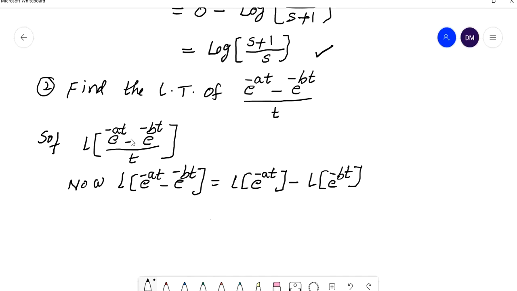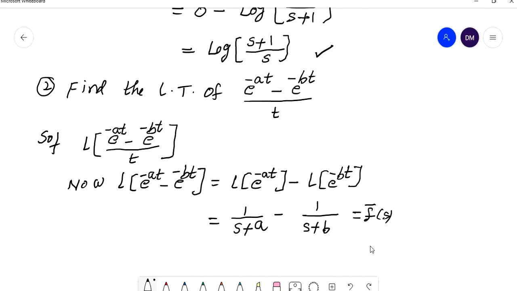What is L of e power minus at? 1 by s plus a, minus, what is L of e power minus bt? 1 by s plus b. Take this one as f bar of s.